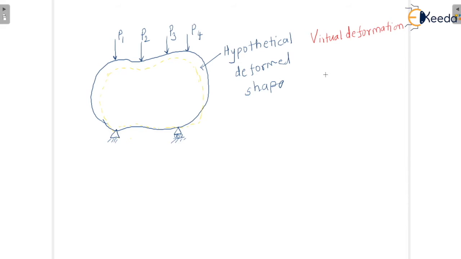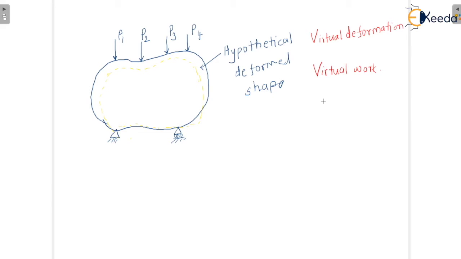That is the simple point we want to convey here. Virtual means its effect exists, but it is not actually in fact there; the effect is there.